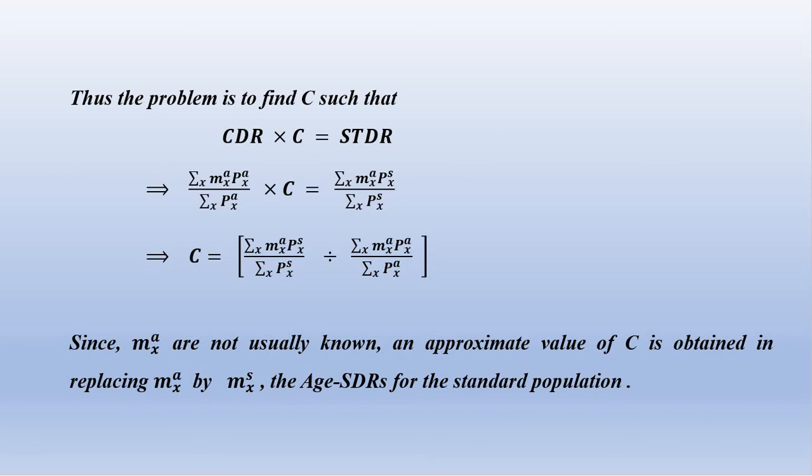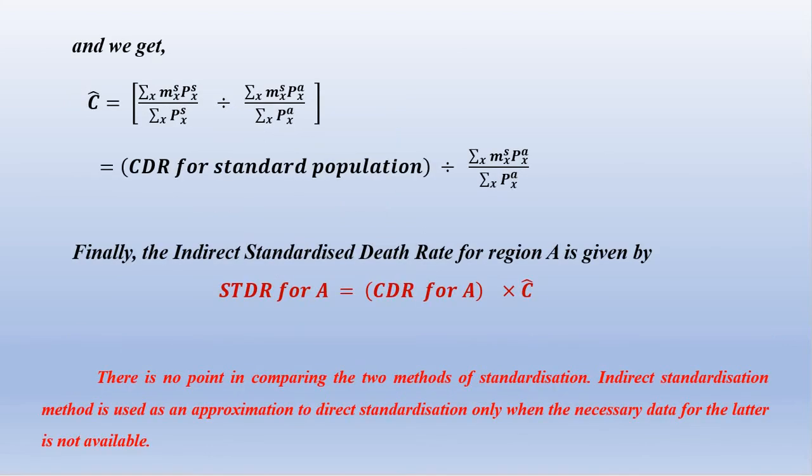Here mxs is the specific death rate for the standard population. Then we get C cap, the estimated C, which is like this: summation over x mxs pxs divided by summation over x pxs, divided by summation over x mxs pxa divided by summation over x pxa. So the first one is nothing but the CDR for the standard population.